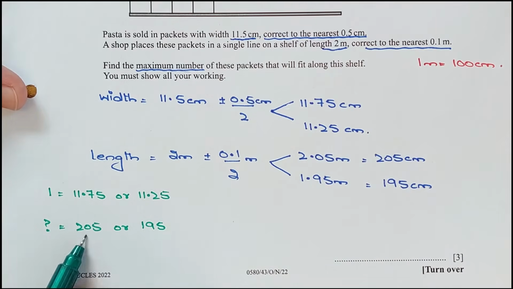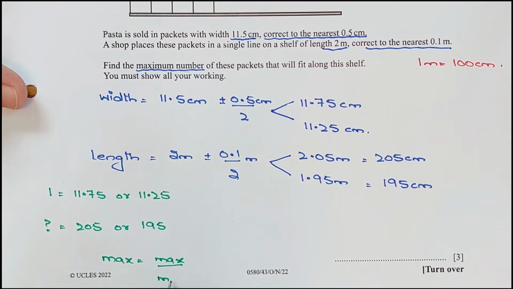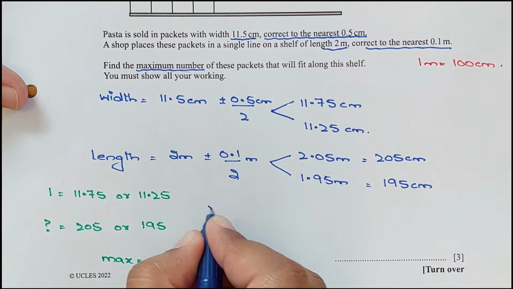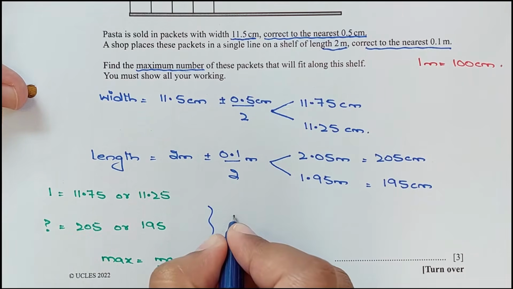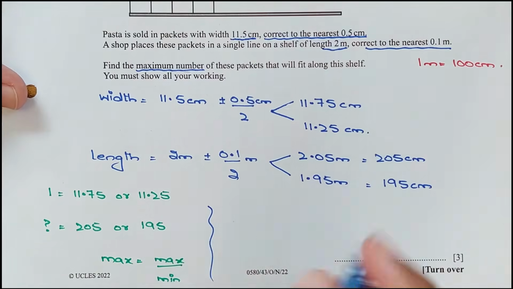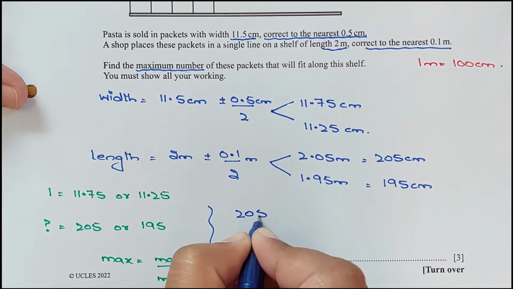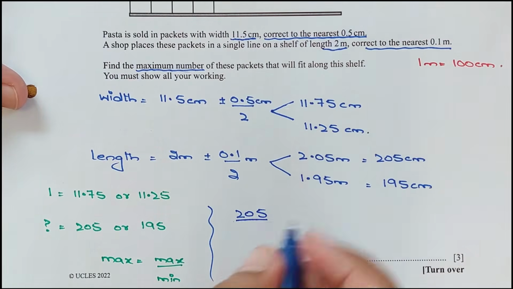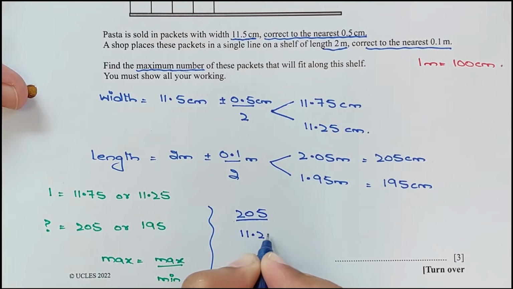So basically for maximum, 205 is going to be divided by this, and for maximum we know that the numerator should be maximum and the denominator should be minimum, the upper bound for the numerator and the lower bound for the denominator. So the maximum is 205 over the lower bound 11.25.